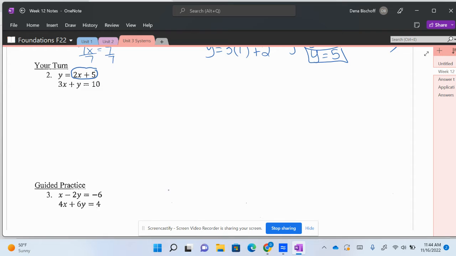So in the second equation where I have the y, what am I going to put there? 2x plus 5. So 3x plus, instead of using y, I'm going to put 2x plus 5 equals 10. So I just replaced the y in the second equation with 2x plus 5. Now what do you want to do? Brody, what are you thinking?